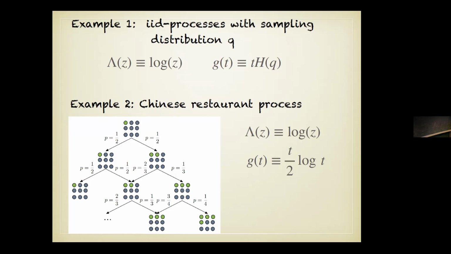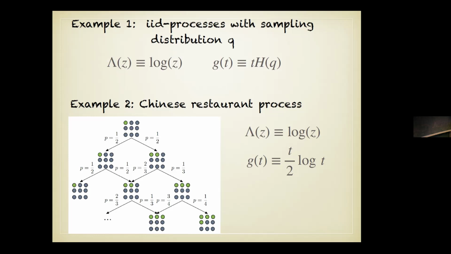What we can do is, if we choose in the IID case the obvious representative for lambda, using the usual logarithm, we can show that one has to use t times the Shannon entropy of the sampling distribution function for g of t.